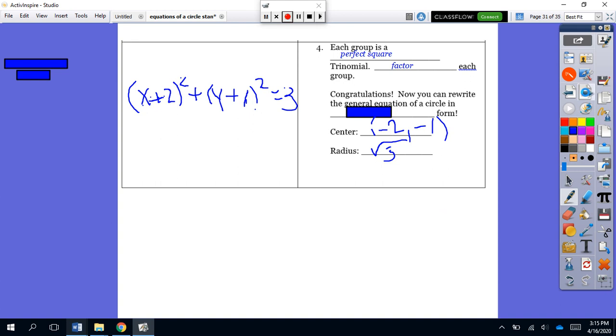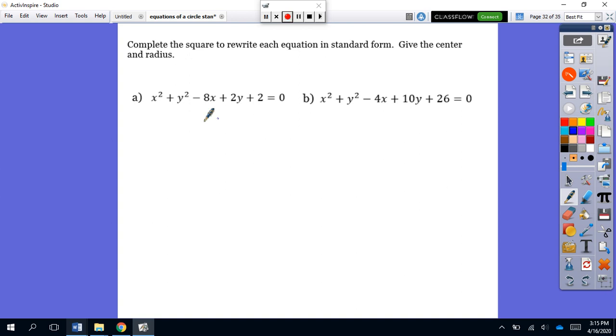Okay, so a couple try-its, and then we'll be ready to practice. I'll get you started on this one, then I'm going to have you do this one all together. So let's start by making our groups. Remember, by moving the 2 to the other side, which would be -2. So this is gone, and this is -2. Now let's make our two groups.